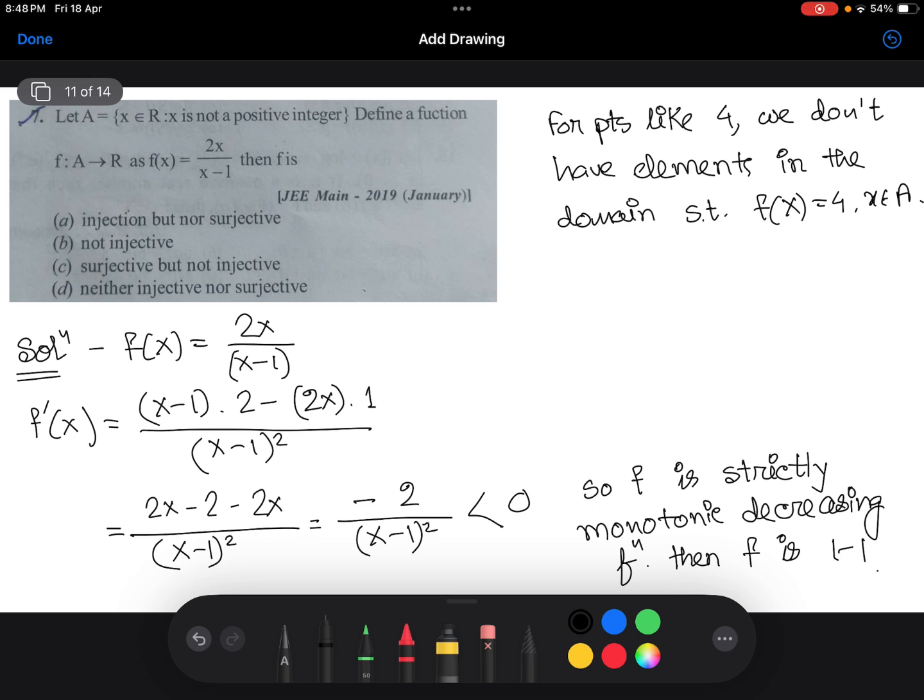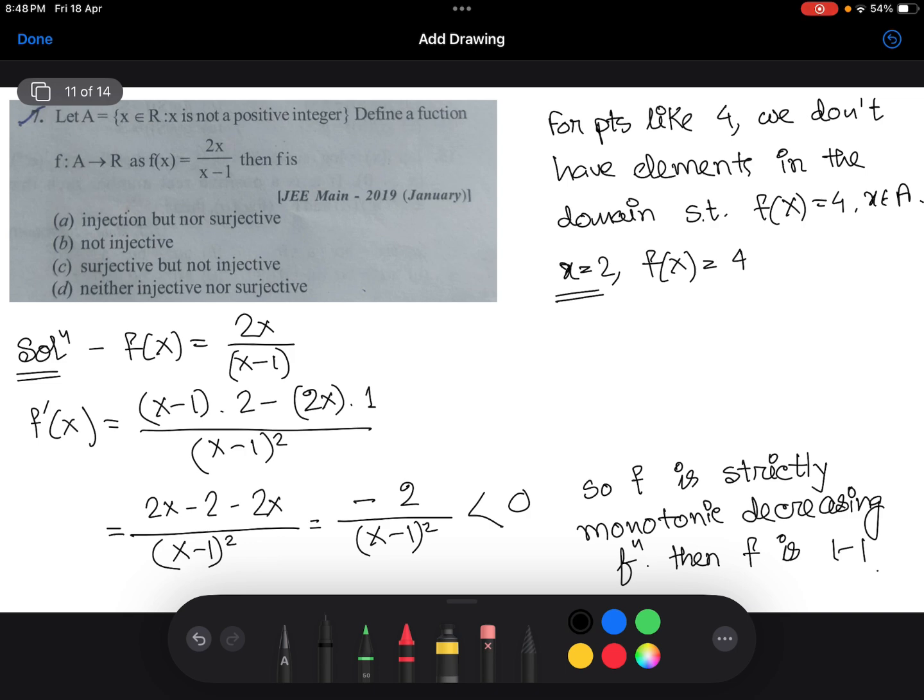Why? Suppose x is equal to 2, when we put x equals 2, then f of x will be 4, but we cannot put x equals 2, because 2 is a positive integer, we cannot put that.